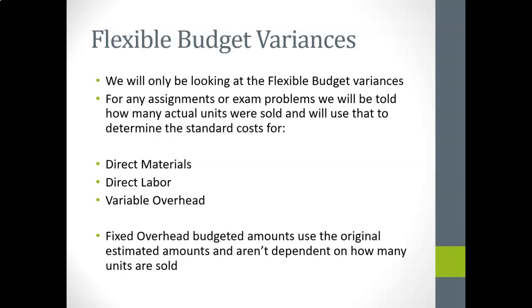But for these variable costs like direct materials, direct labor, and variable overhead, we're going to have to determine what the total standard or total budgeted cost is, so we can then compare that to the actual.